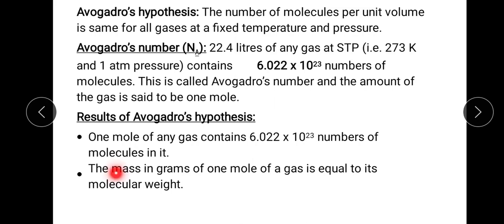And the mass in grams of 1 mole of a gas is equal to its molecular weight. These are the 2 results of the Avogadro hypothesis. You should remember the Avogadro number and also what 1 mole of a gas is: the amount of a gas in which the number of molecules is equal to 6.022 into 10 power 23.